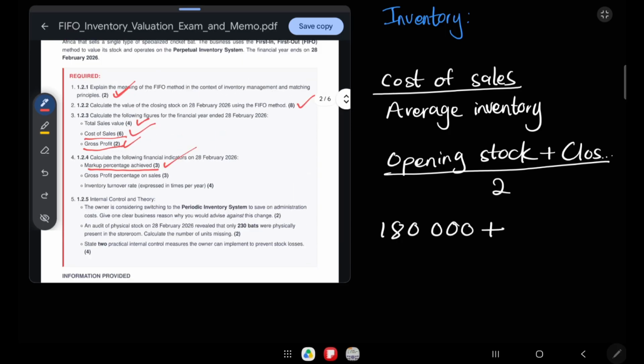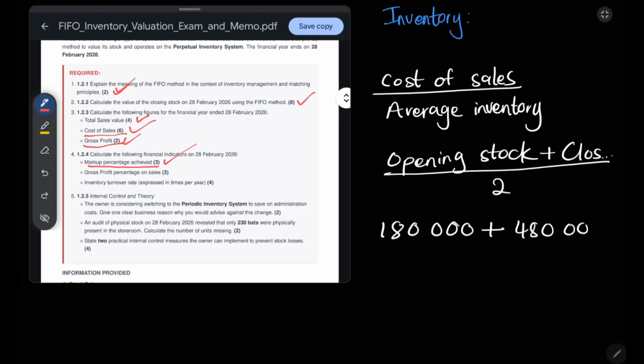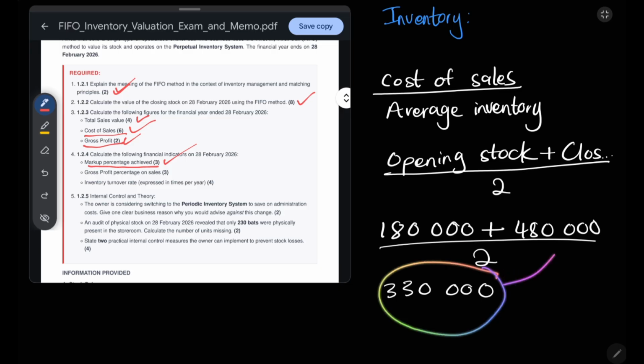Remember, we calculated your closing stock there. So your closing stock was 480,000. This is over 2. Punch this in a calculator and you should get an answer of 330,000.